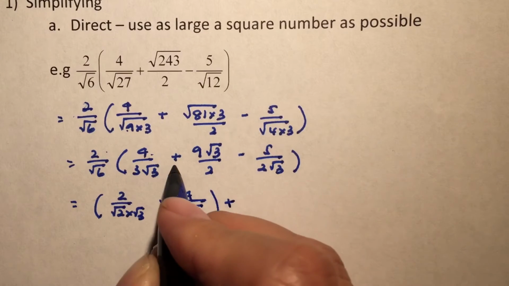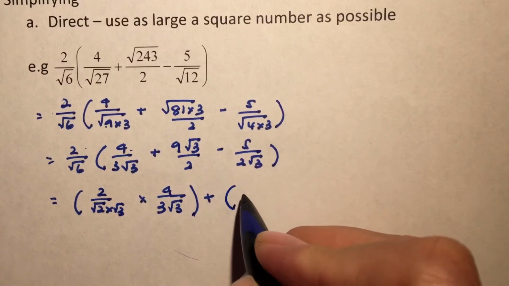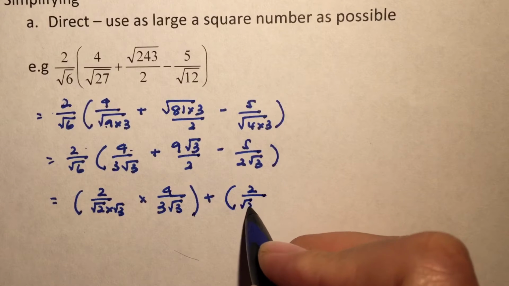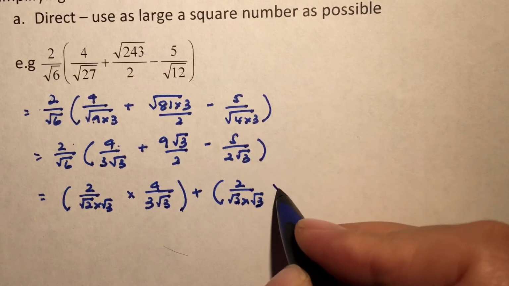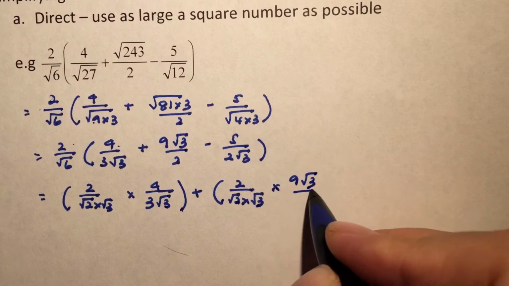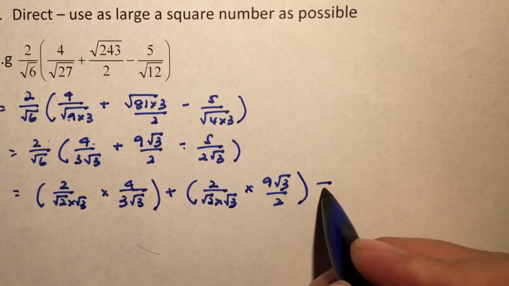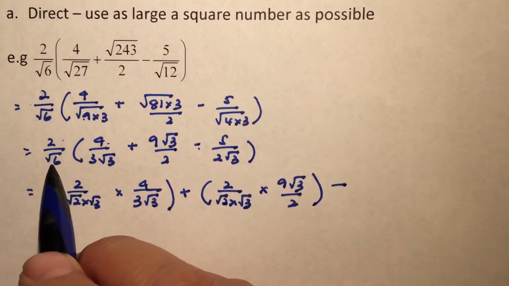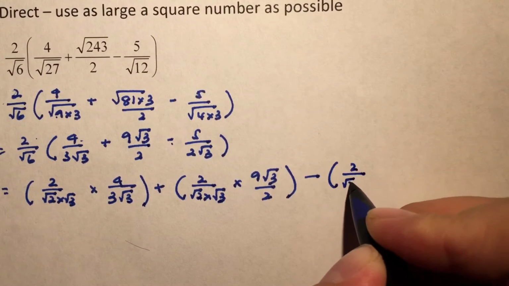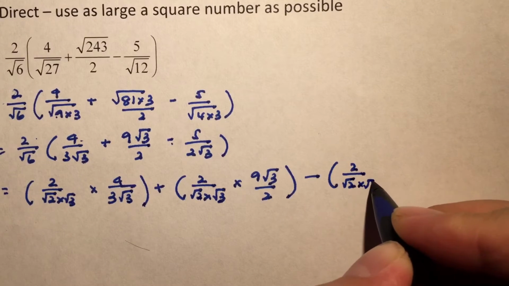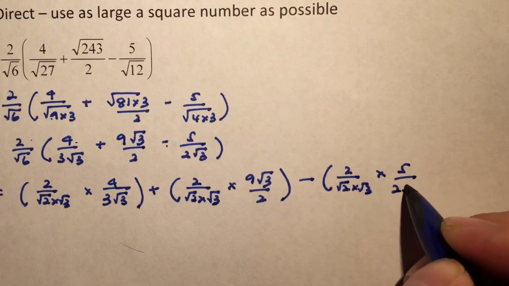Then this is addition here, and I'm going to multiply this one again. Same thing. Instead of writing surd 6, I write it as surd 2 times surd 3, and then I multiply by 9 surd 3 over 2. And finally, I have the minus, and I'll do the last multiplication here and here. So I have 2 over surd 2 times surd 3, and I'm going to multiply with 5 over 2 surd 3.